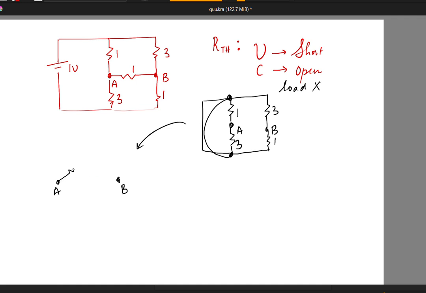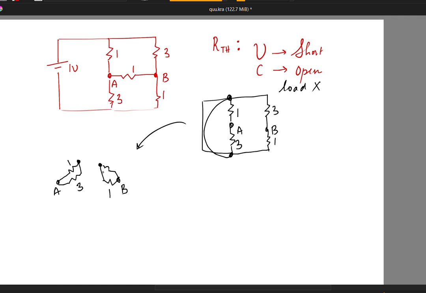I can have one end of A connecting to 1 ohm, and another end of A is again connecting to 3 ohm, but the 3 ohm and the 1 ohm are shorted. So we can have something like that. It's shorted together, and we can draw the same thing over here. There is going to be a 1 ohm and there's going to be a 3 ohm which is shorted together.